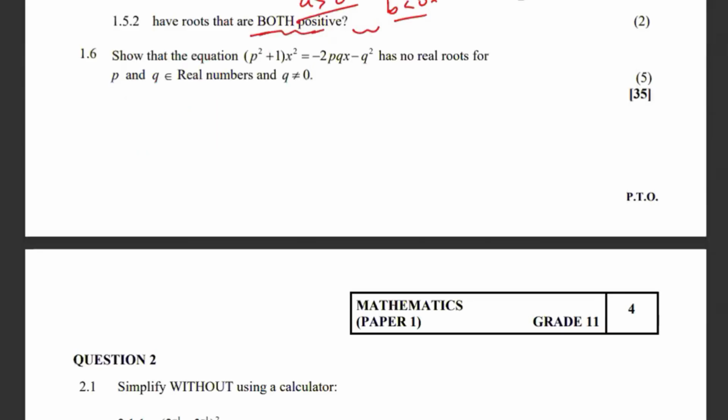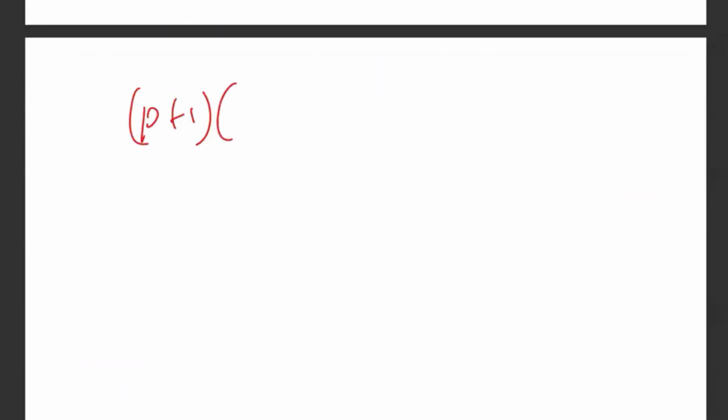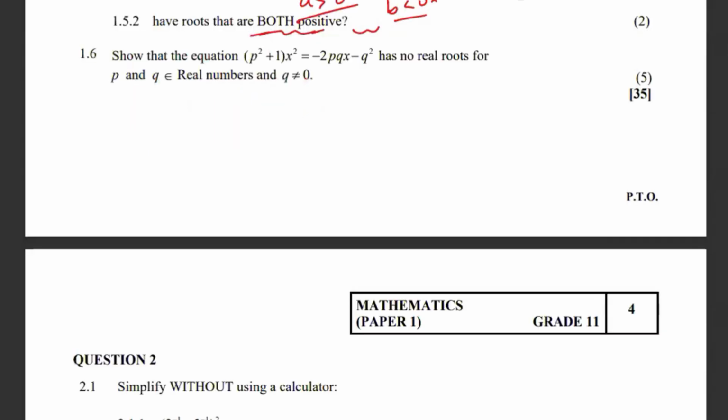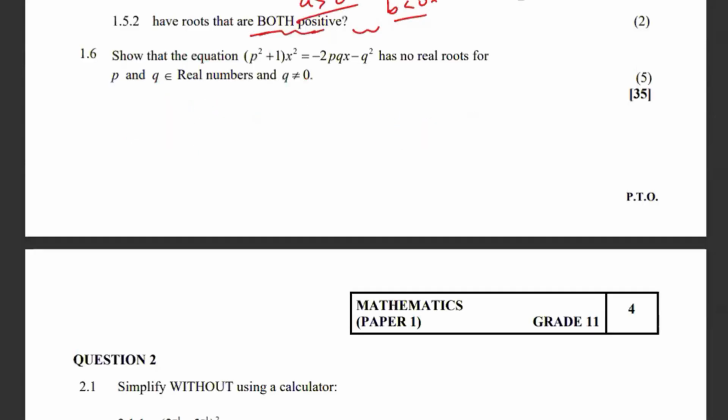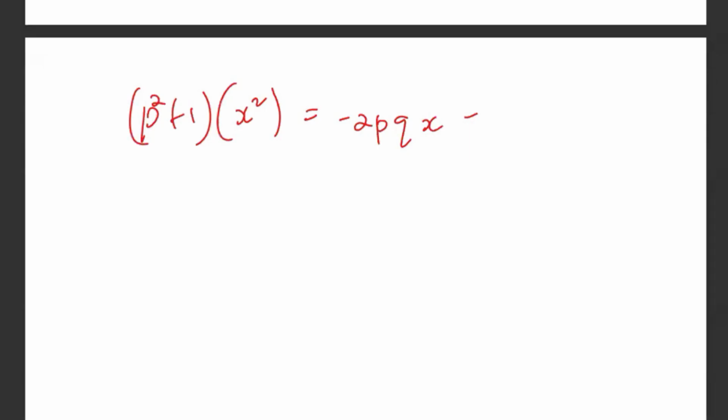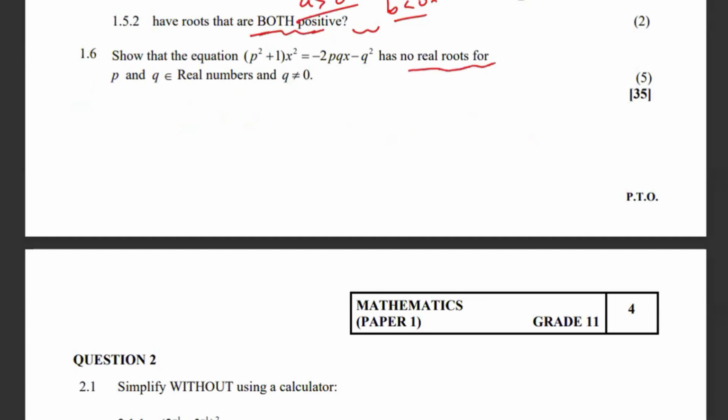So we have p squared plus 1, and then x squared is equal to negative 2pqx, subtracting q squared. Okay, so how do we show that this has no real roots?